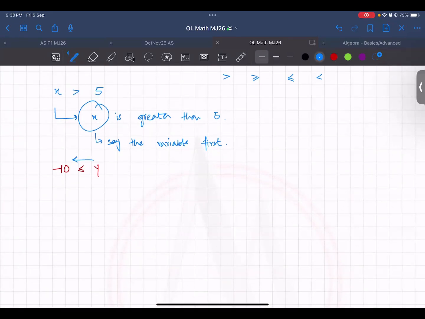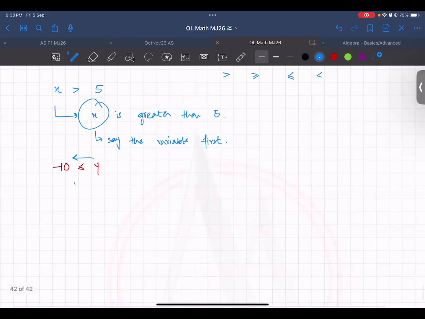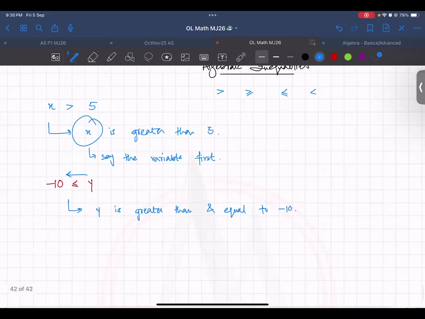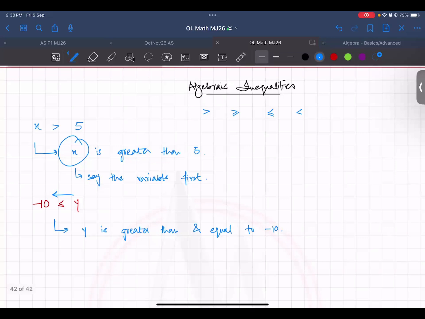You would read it in this direction: y is greater than or equal to -10. Okay?